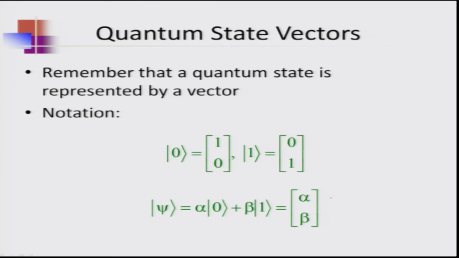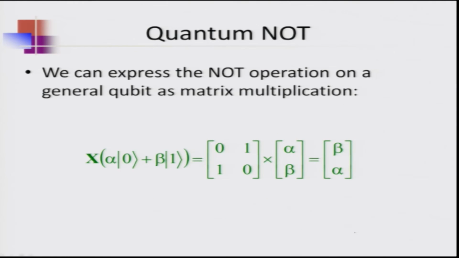The quantum state is represented by a vector. So, 0 is (1, 0) whereas 1 is (0, 1), and any psi, which is a linear combination of these two, can be written in this form. We can now express the NOT operation on a generalized qubit by using a matrix manipulation method, and you will find that this always works.